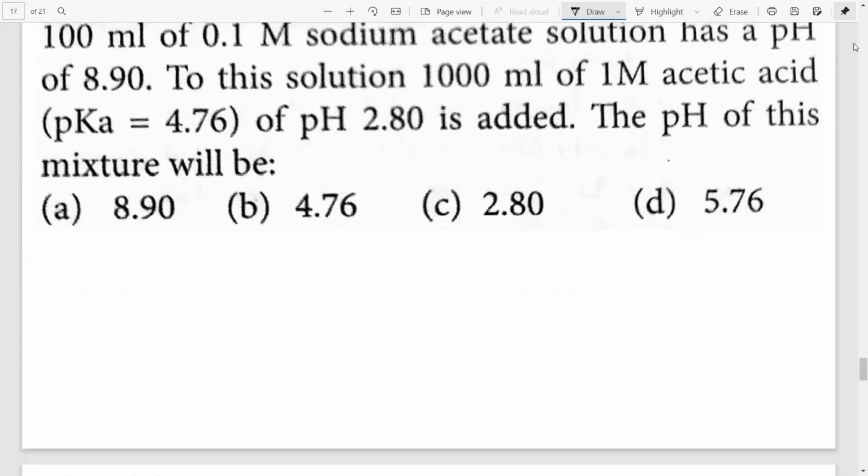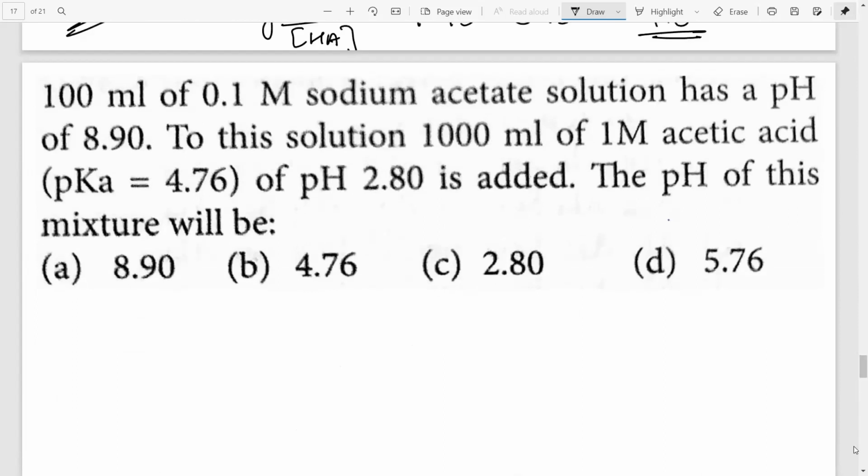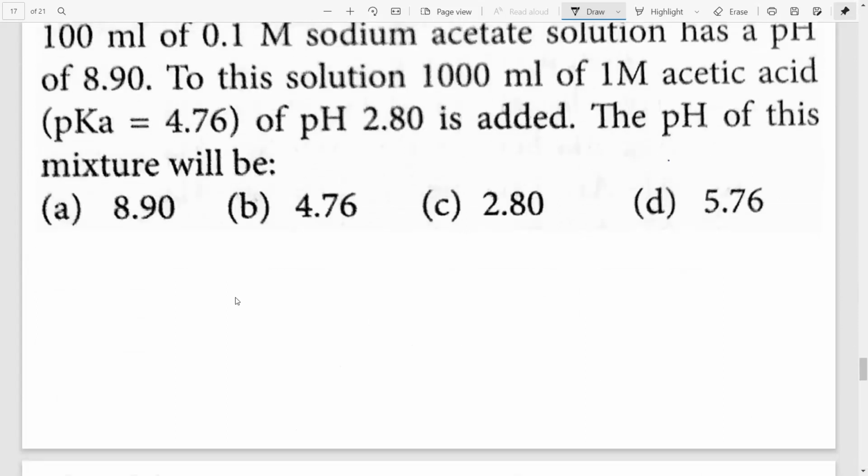Chalo. Now another type of question from this section. The question says 100 ml of 0.1 molar sodium acetate. Just remember sodium acetate, what is it? CH3COONa. It has a volume of 100 ml and molarity is 0.1 molar.